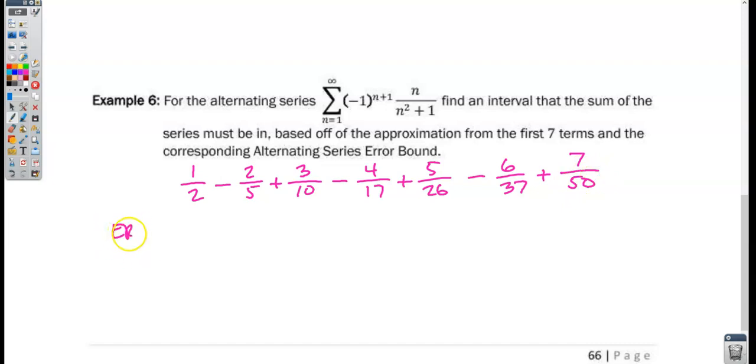And the error has to be smaller than the next term, the absolute value of the error has to be less than the next term, which is 8 over 65, but this is going to be a negative value for us.